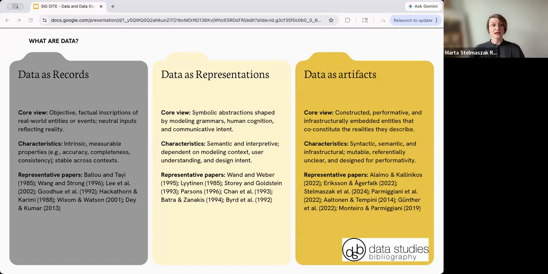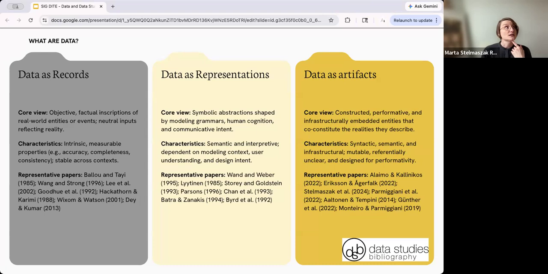And as we're building this collection, we thought that it would be really interesting to try to analyze what it is that these papers are saying about data. What are the different perspectives that we can see revealed in here? So we started this analysis some time ago, and broadly speaking, there are three perspectives that these papers take on data.